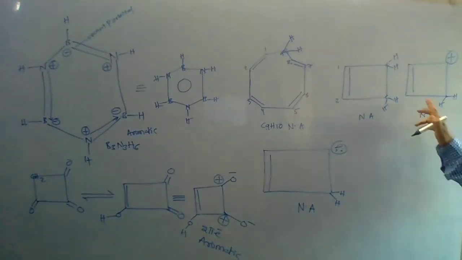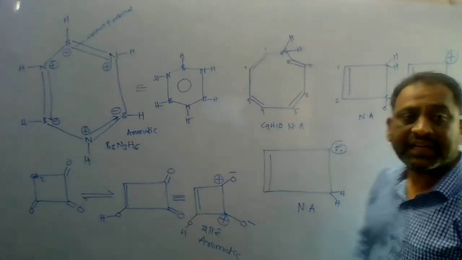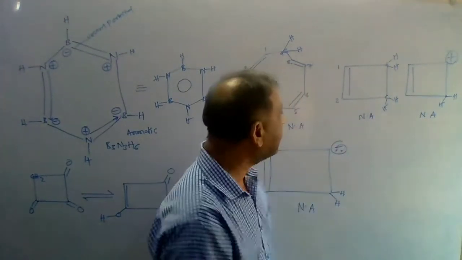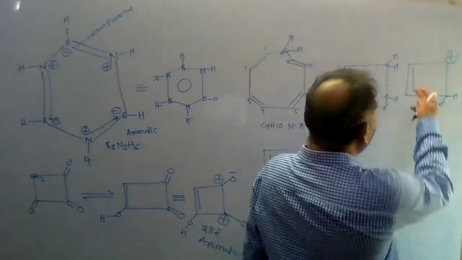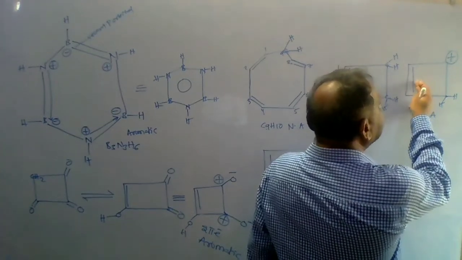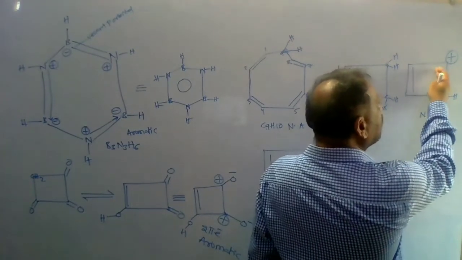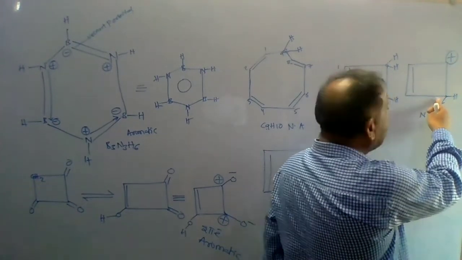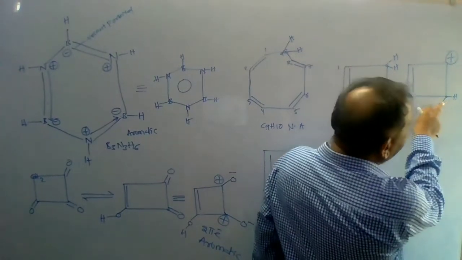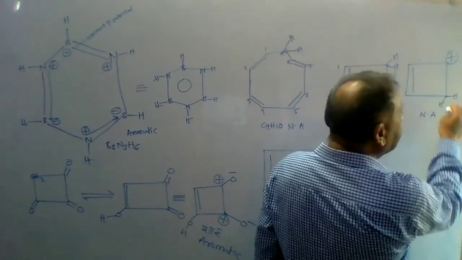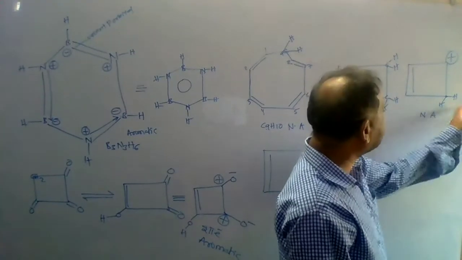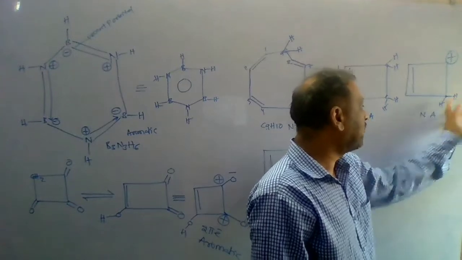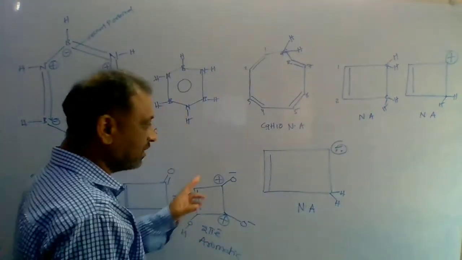Next one is the cyclobutenyl cation. Here 2 pi electrons are involved in delocalization with positive charge, but there is no complete delocalization of electrons because one carbon is an sp3 hybridized carbon. It has a non-planar structure, so it is a non-aromatic compound.